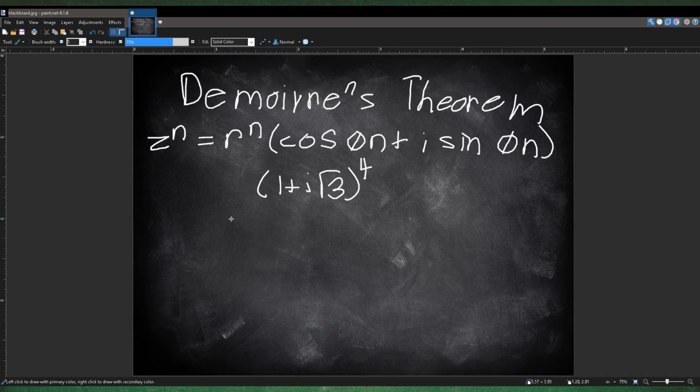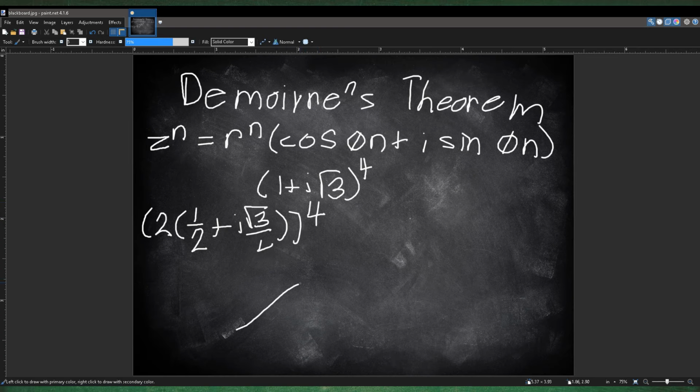So the magnitude is 2. Factoring the 2 out, you get 2 times (1/2 + i√3/2), raised to the power of 4.